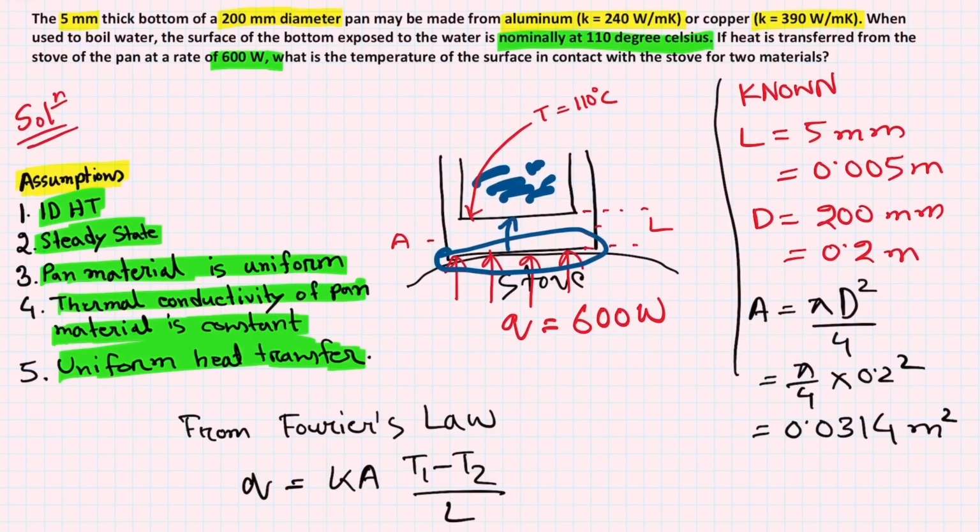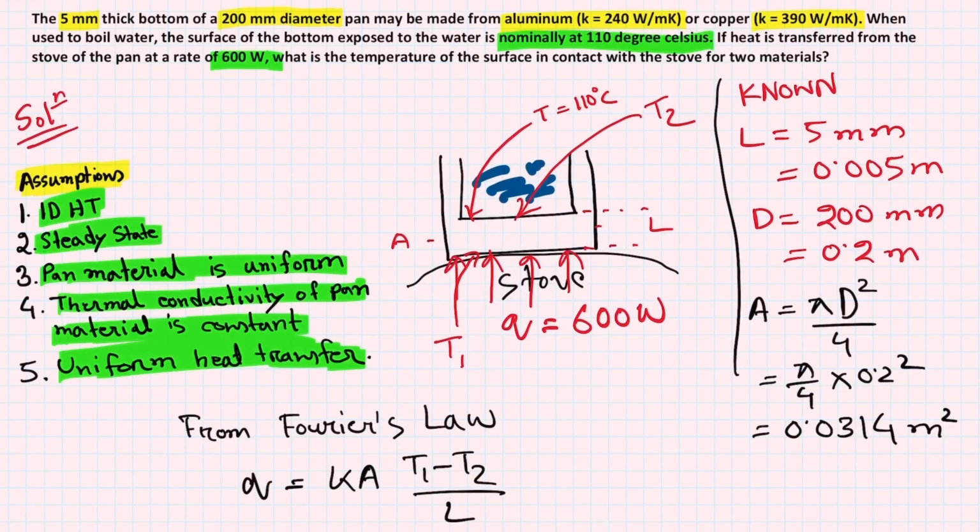So heat is transferred from a higher temperature to a lower temperature, and since the destination of heat transfer is the surface exposed to the water, this particular surface is at the higher temperature T1, and this particular surface is T2.